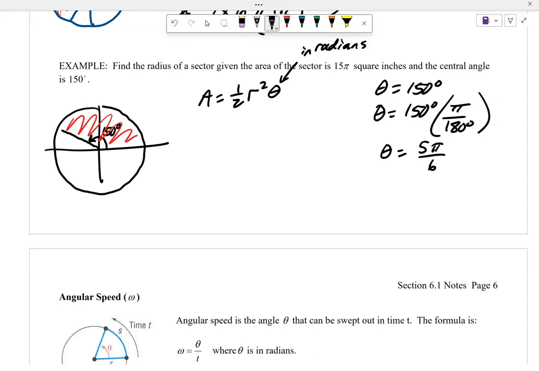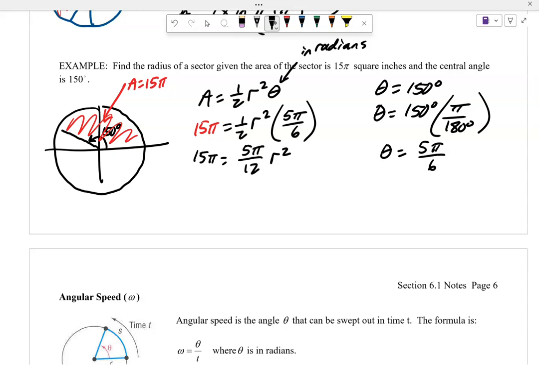So we find the radius. Given the area, we know the area of the sector is 15 pi. They give us that. So we have 15 pi. We don't know the radius. We also have the theta, which is 5 pi over 6, or 150 degrees. Remember, we have to be in radians there. So 15 pi equals 5 pi over 12 r squared.